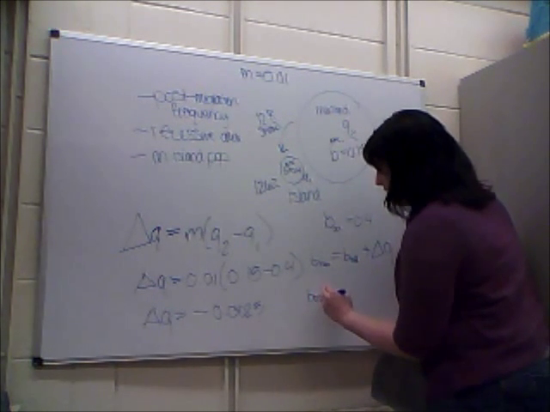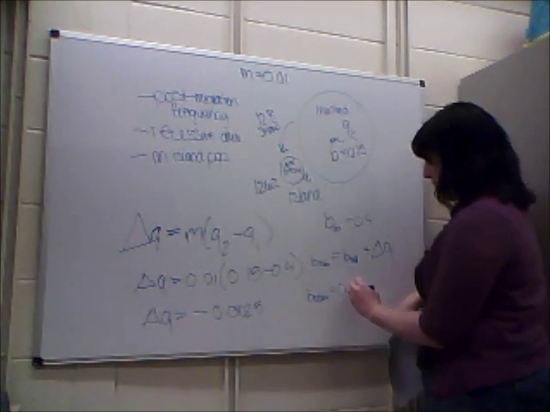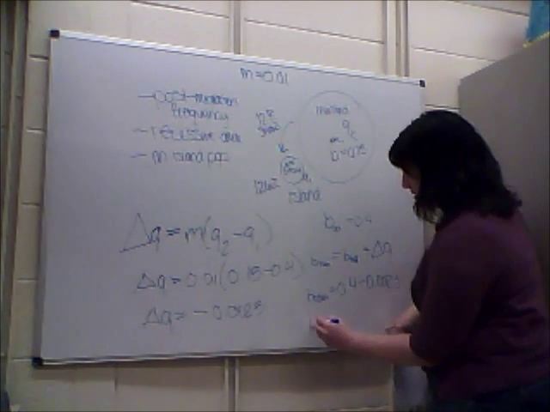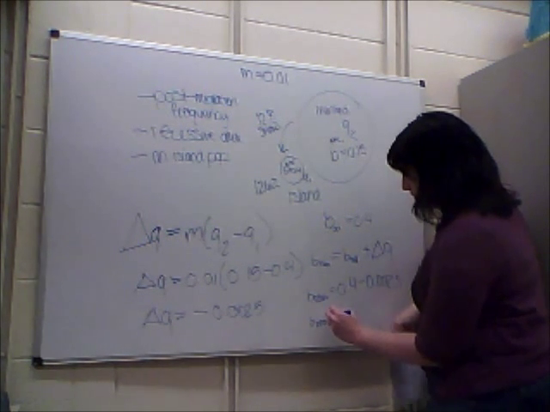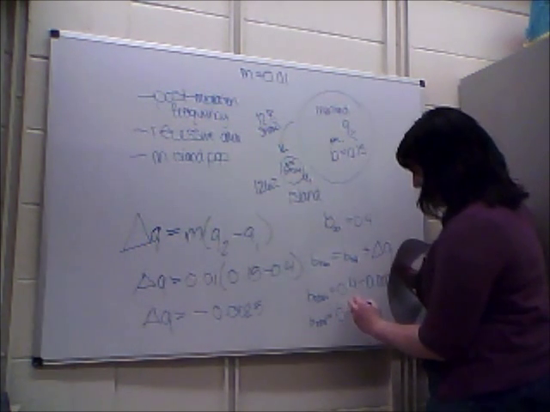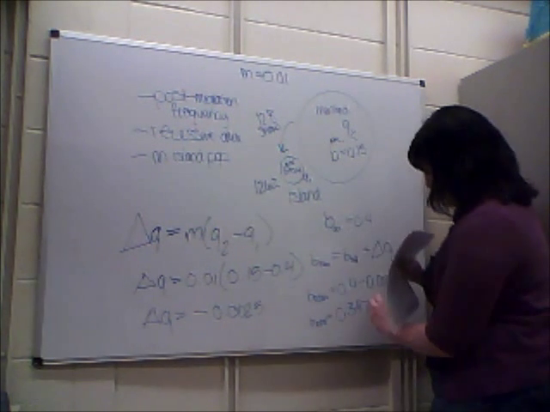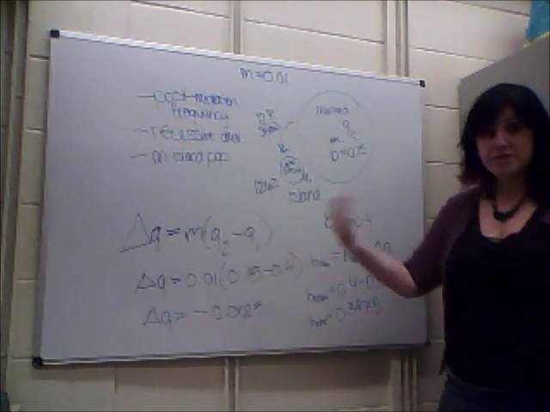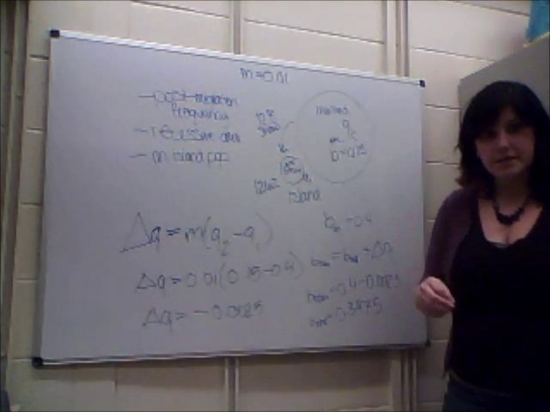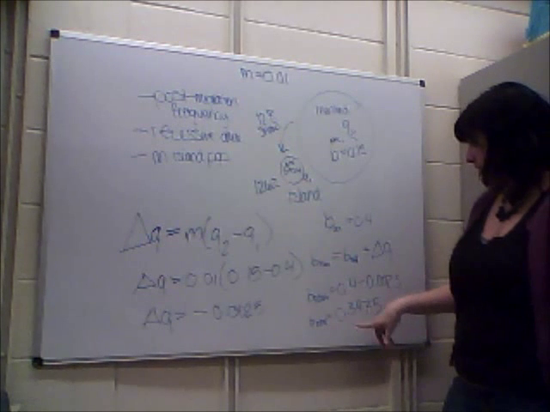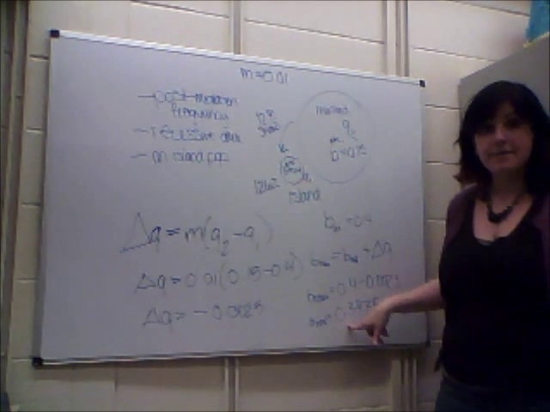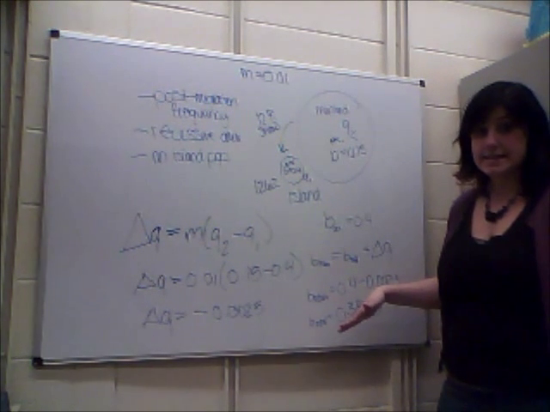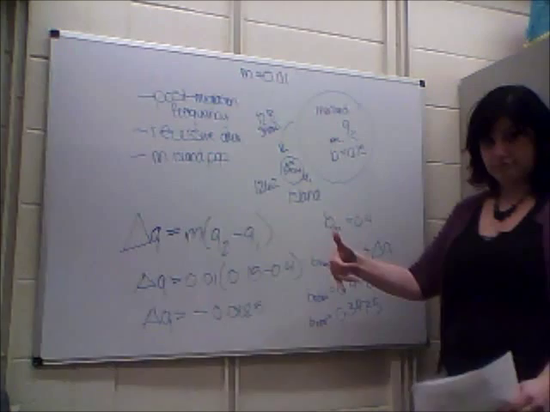So this is 0.4 minus 0.0025, which is 0.3975. So our new allele frequency post-migration for the recessive allele on the island is 0.3975. And so the recessive allele is slightly lower in frequency. That's it.